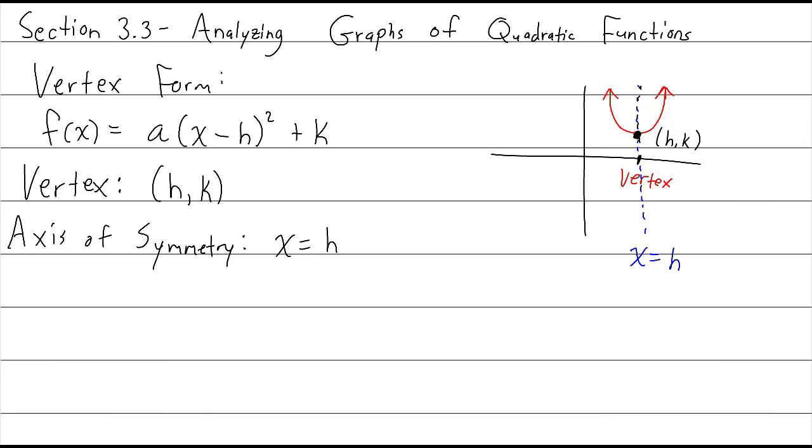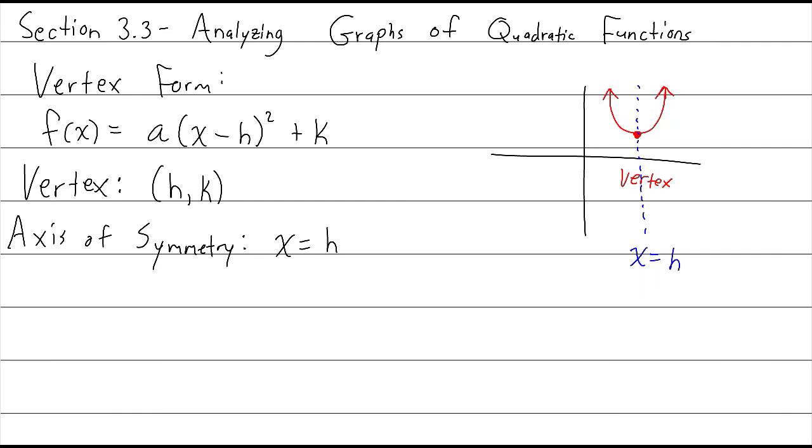And since the x value of the vertex is h, x has to equal h in order for that vertical line to pass through the vertex. That's what I'm trying to say. Okay. Anyway, so moving on.